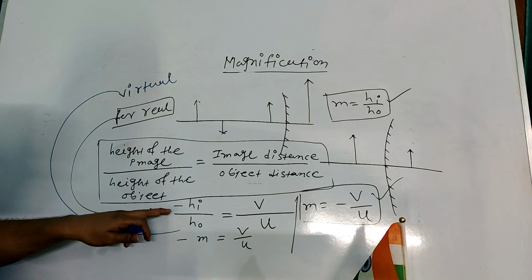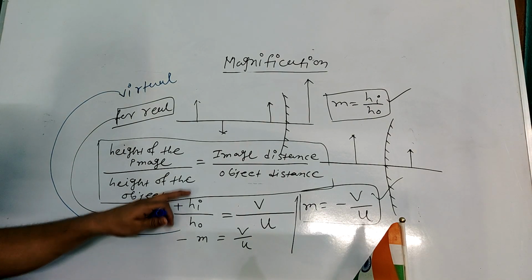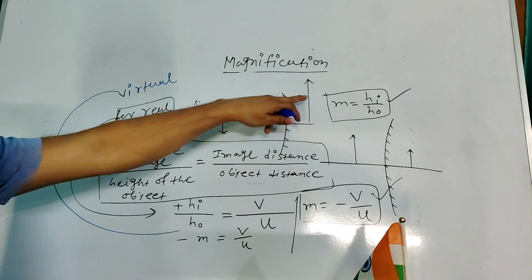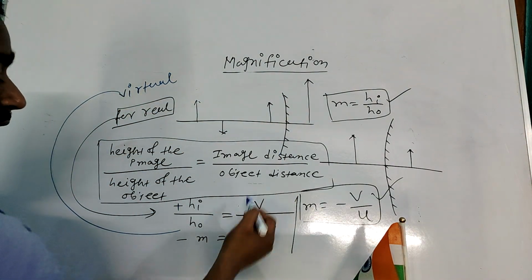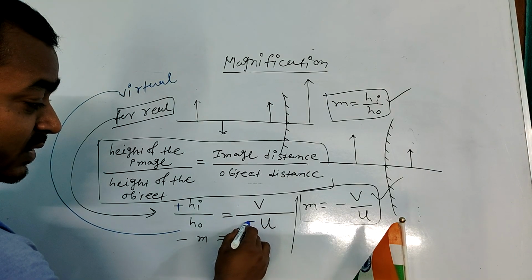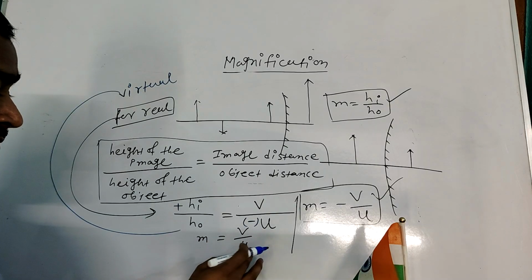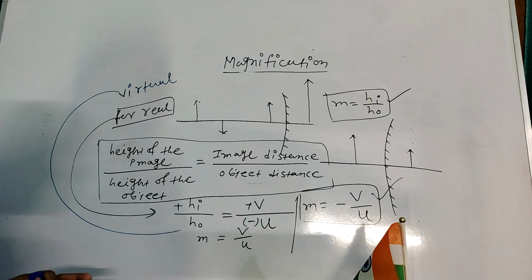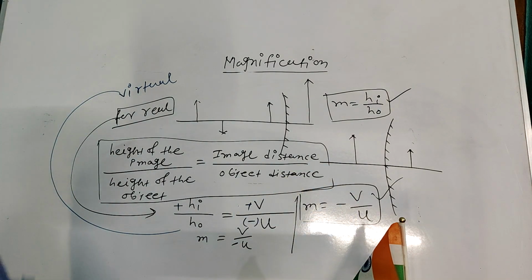For virtual, height of the image is positive, height of the object is positive. But the distance of the object is negative and this is positive, so we are getting m as minus v by u.